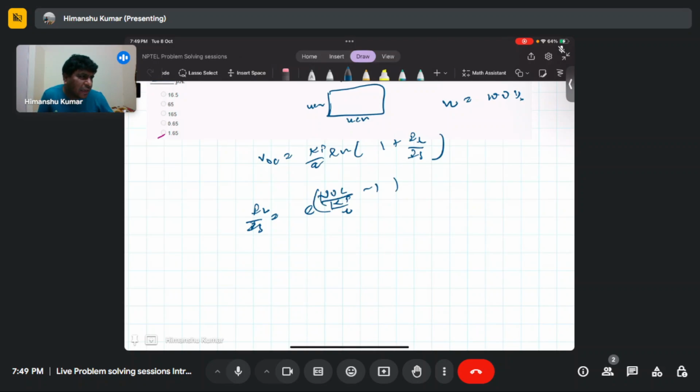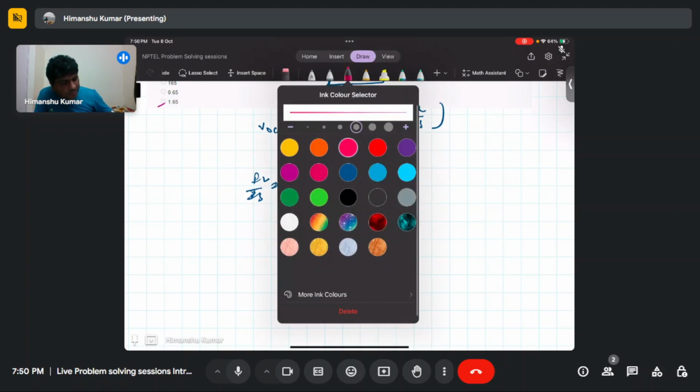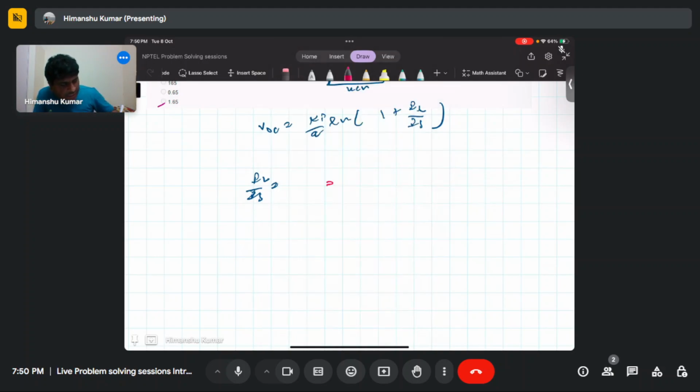So this will become the exponential of VOC divided by KT by Q minus 1 times this current.